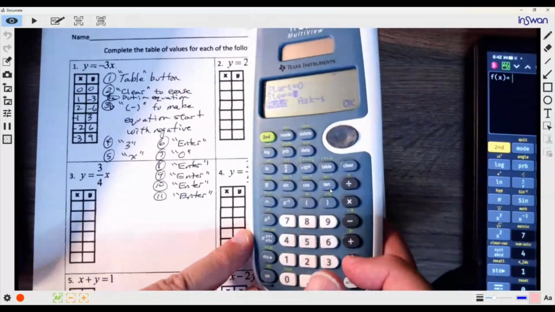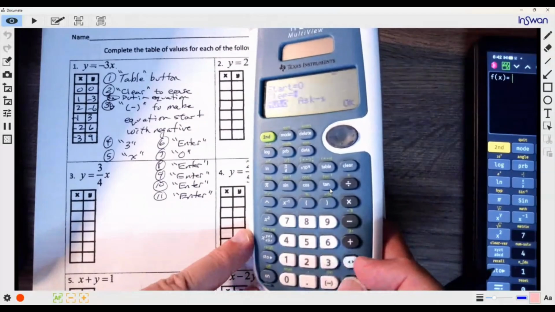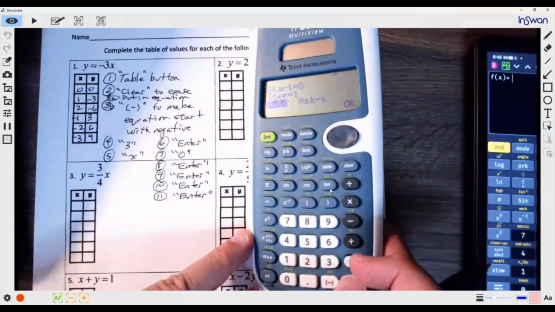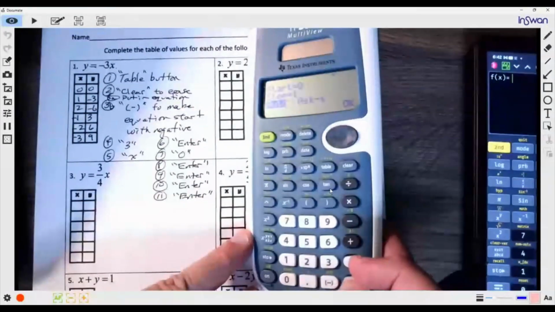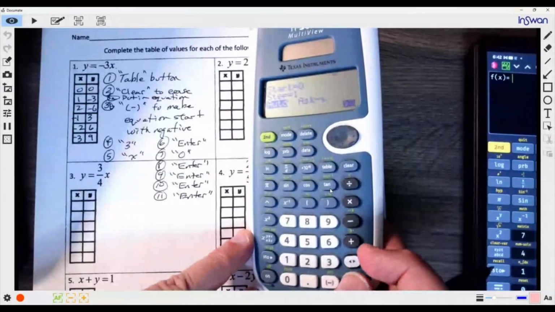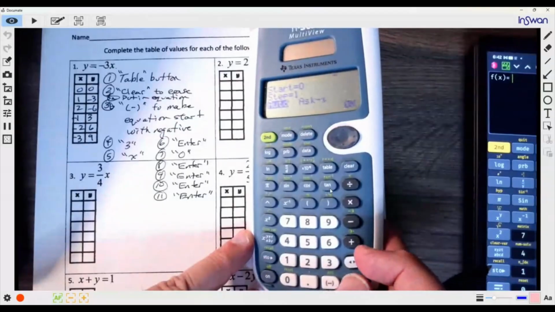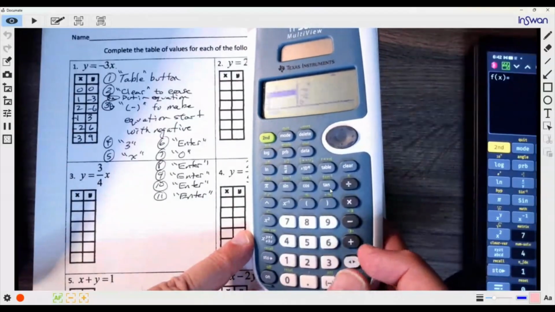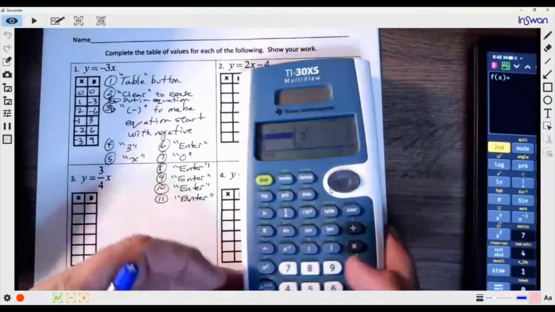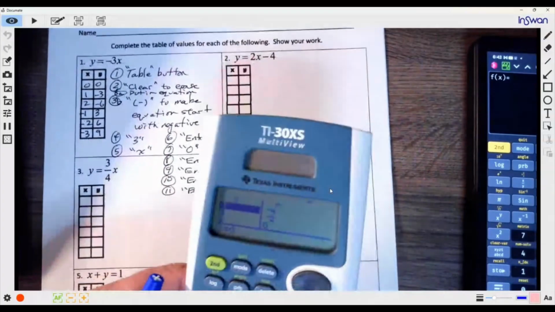We want to increase by 1. Enter. It's set for auto. That's what we want right now. Enter. And then when it's sitting there blinking on the OK, hit enter again. And there is our table of values.